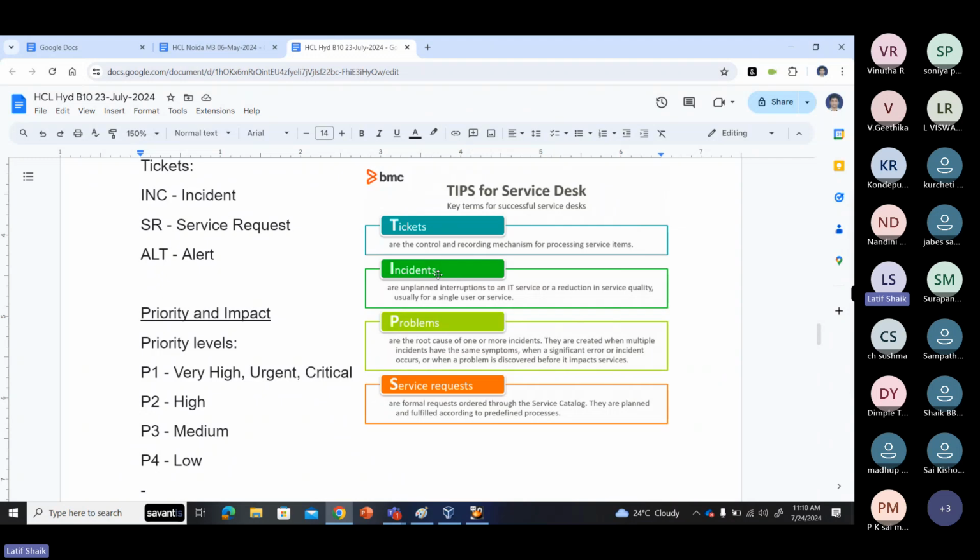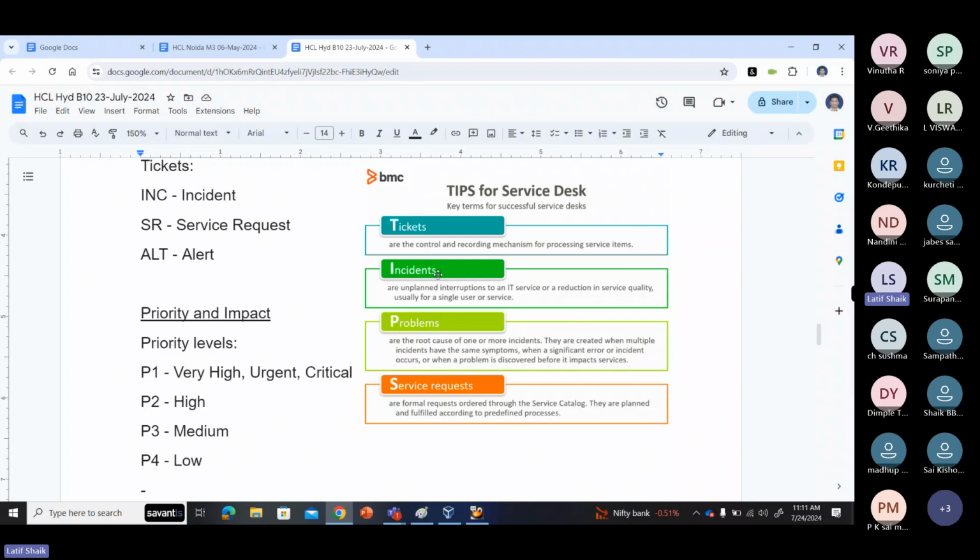Compulsory patch updating, compulsory network administration, or maybe an upgrade is required, then we do it beforehand. Earlier, there was enough switch capacity, router capacity, firewall capacity. Now it may be required to upgrade. Then issues may not occur and interruptions will be lesser. So that is what problem management is.